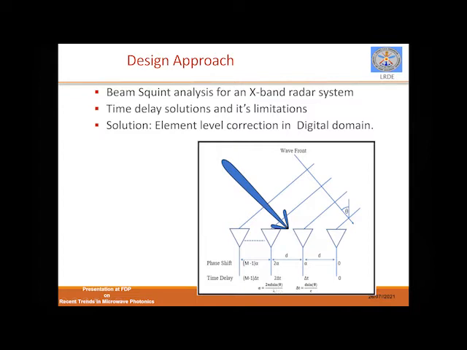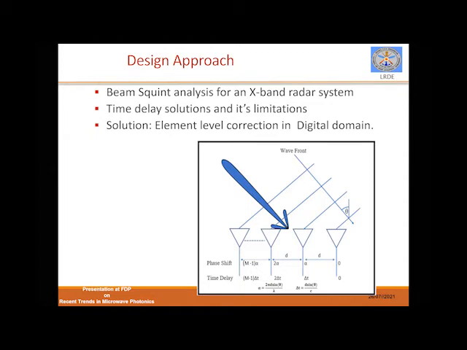For example, assume I'm looking at 60 degrees with an operating frequency of 9 gigahertz. When I am at 9 plus some little delta f, it may not be looking in the same direction even though I am putting 60, because there will be a squint effect. This effect is known as beam squint.